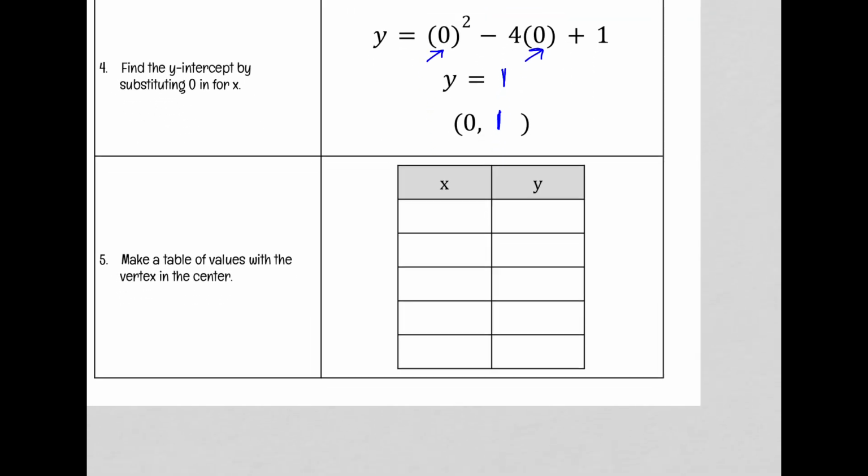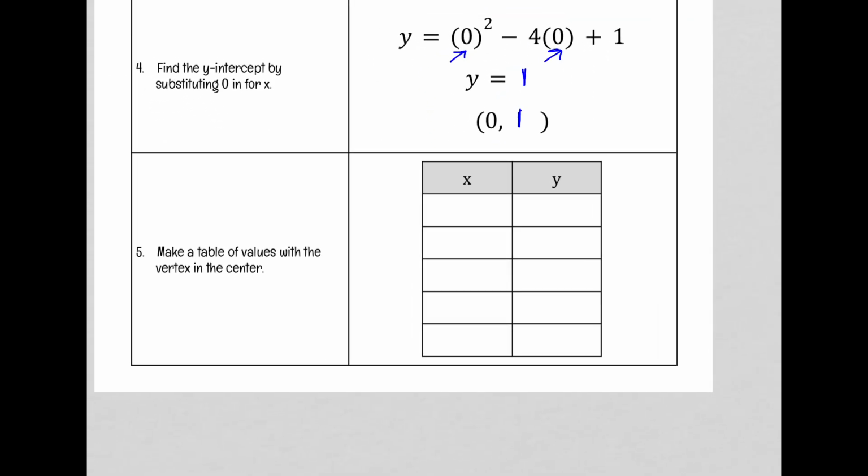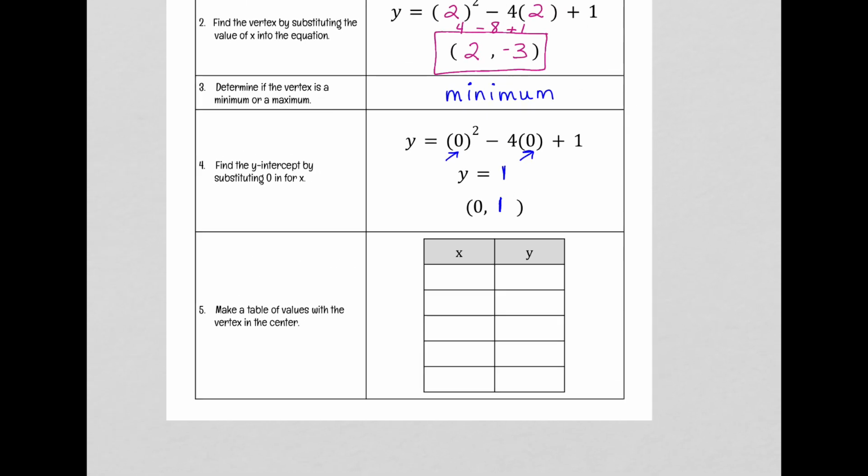And then down here, we're going to make a table of values with the vertex in the center. So what does that mean? The vertex that we found was 2, negative 3. So we're going to put that in the middle box, because if we put 2, negative 3 in that middle box as the center, then we can do a couple points where our x value is a little bit less, and we can make a couple values where our x value is a little bit more.